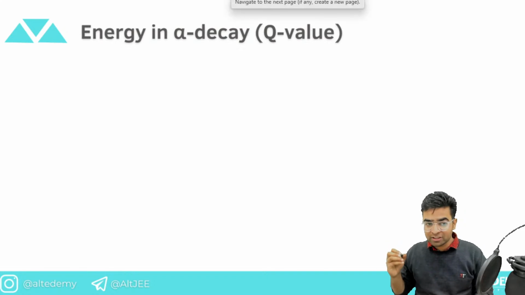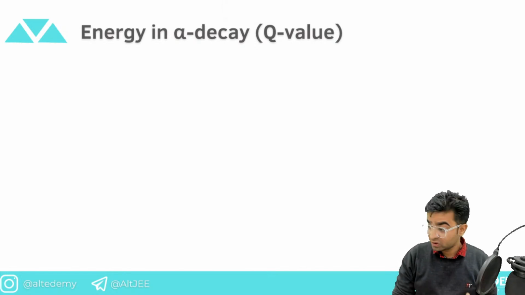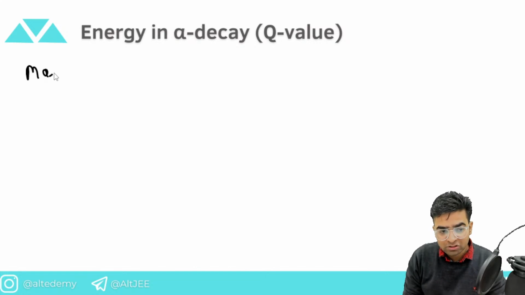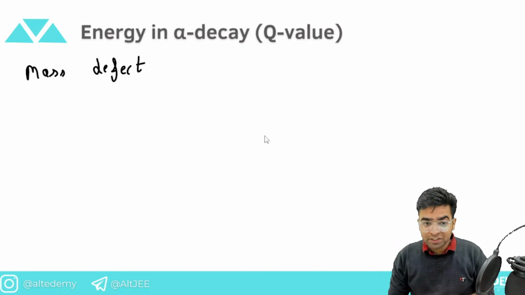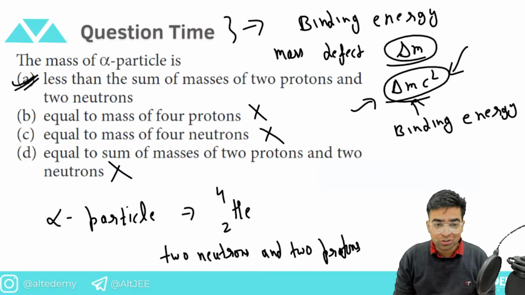After this, we have energy in alpha decay. Now we are going to talk about mass defect. The students who have done this question wrong, just see this.